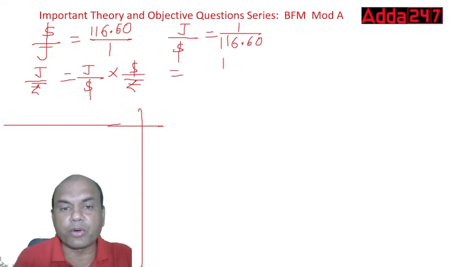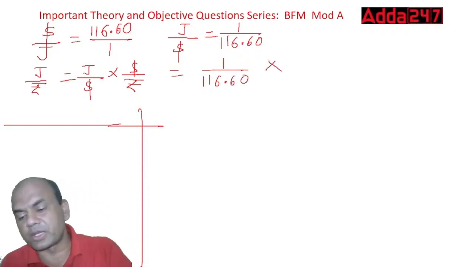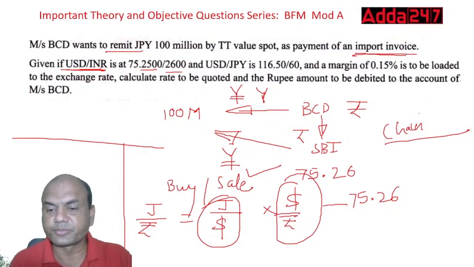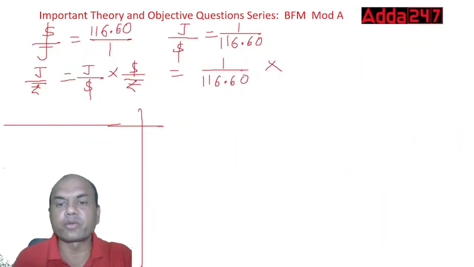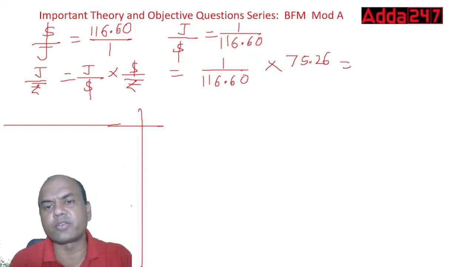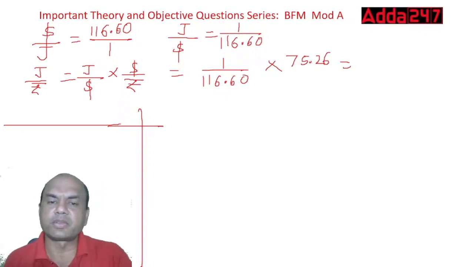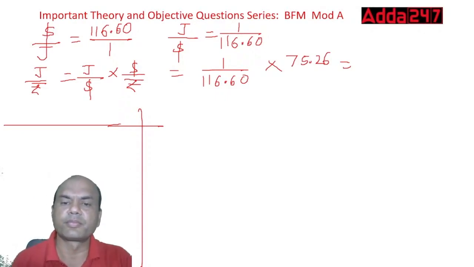Equals 1 upon 116.60 into this dollar to rupee. Now dollar to rupee, just now we got it, 75.26, this one. So 75.26, do it. Give the answer. Bring it in points, okay? 75.26 divided by 116.60. Divide it, everyone.